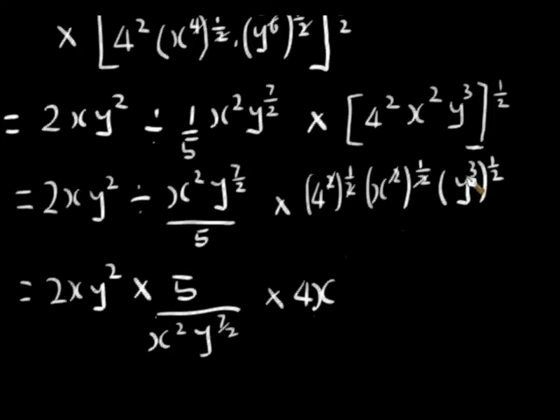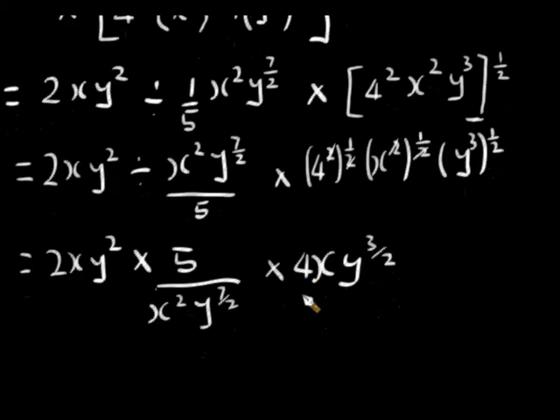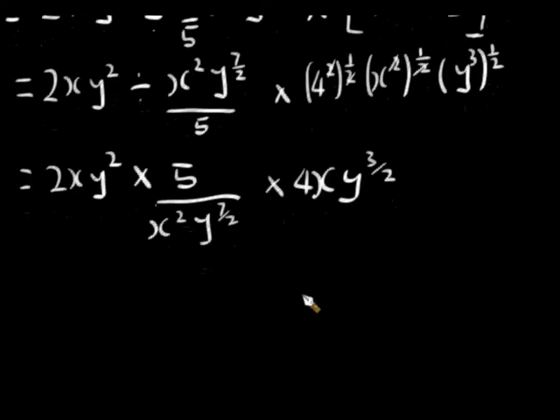Now this y, the power did not cancel out, so we're going to multiply them out directly, and we're going to have y raised to power 3 over 2. Now let's multiply this part and this part together, and let's see how it goes. So 5 times 2 gives us 10.